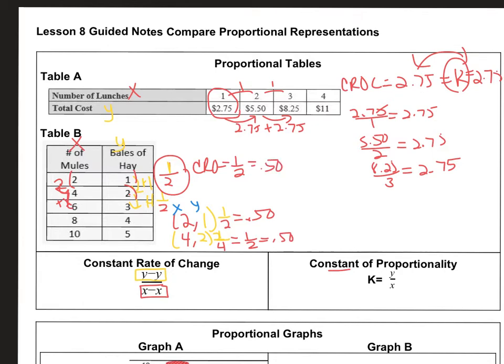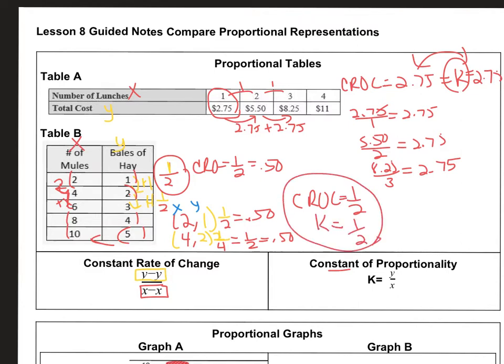If I check every single ordered pair, I can see that the bales of hay is always going to be half of the number of mules I have to feed. So do I have the same constant rate of change, which was 1/2? Do I have a constant of proportionality? I do.